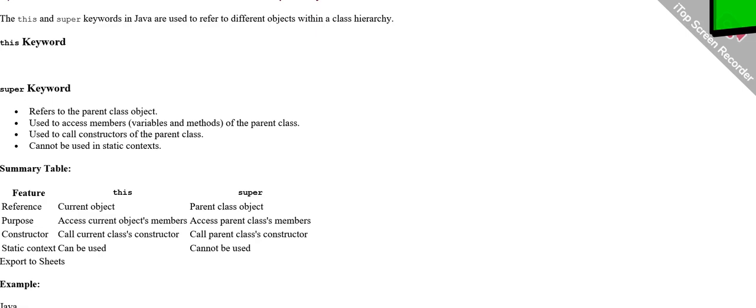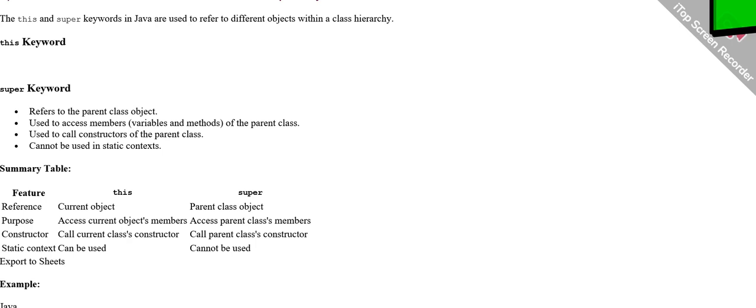Summary table. Feature: this, super. Reference: current object, parent class object. Purpose: access current object's members, access parent class's members.